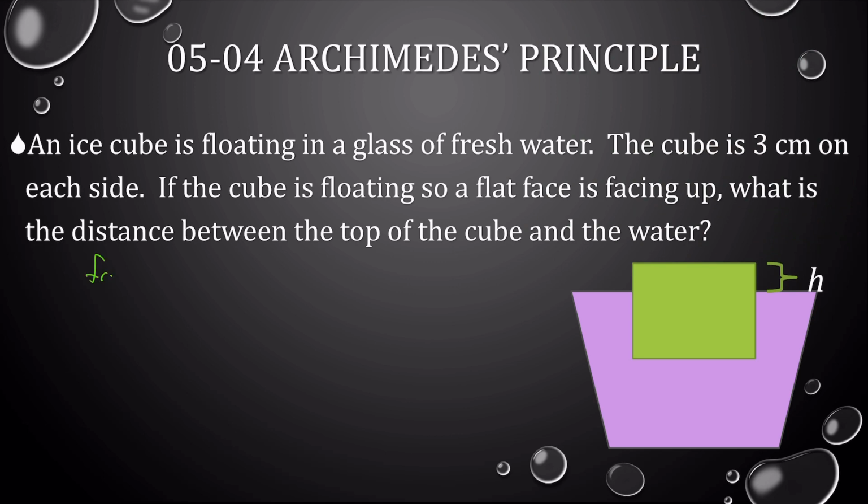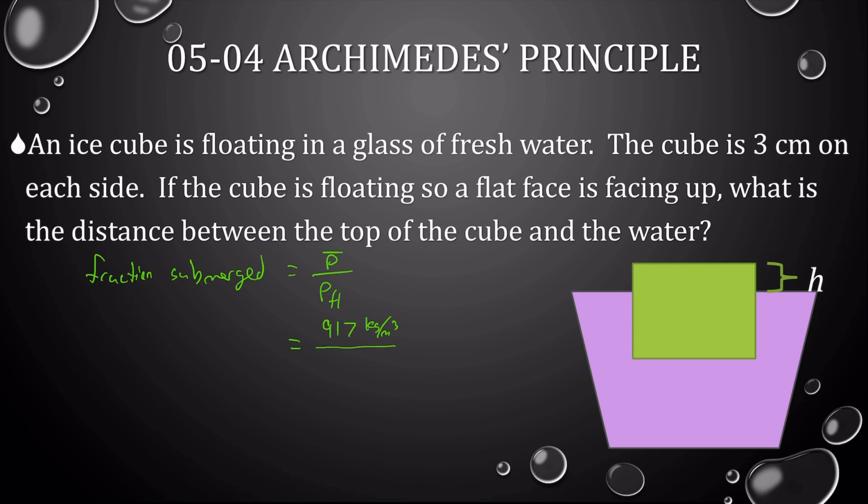Well, the fraction submerged is the density of the object over the density of the fluid. Well, ice, if we look that up, the average density of ice is 917 kilograms per meter cubed.